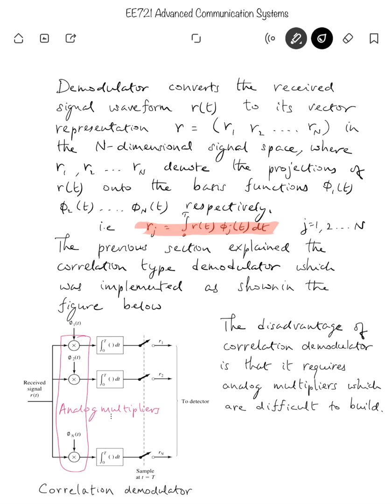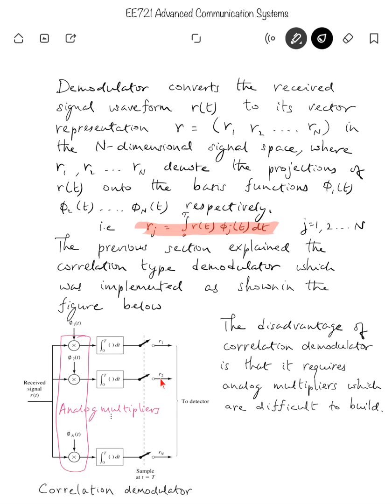So basically, each arm of the correlation demodulator is computing the projection of the received signal onto one of the basis functions. So the first arm is computing the projection of the received signal R of t onto the basis function phi1 of t.